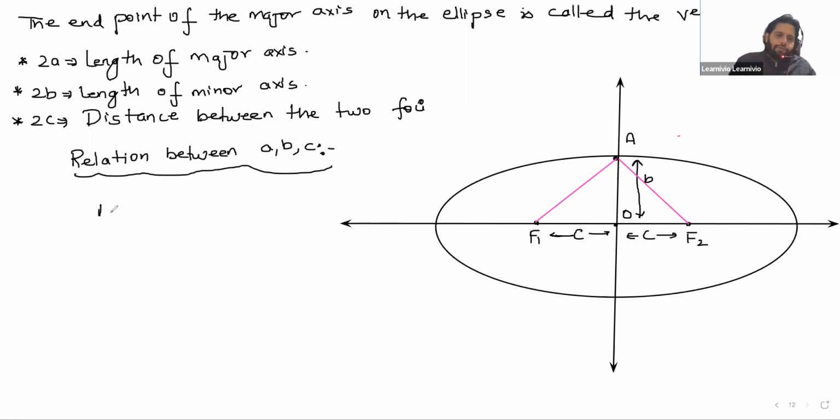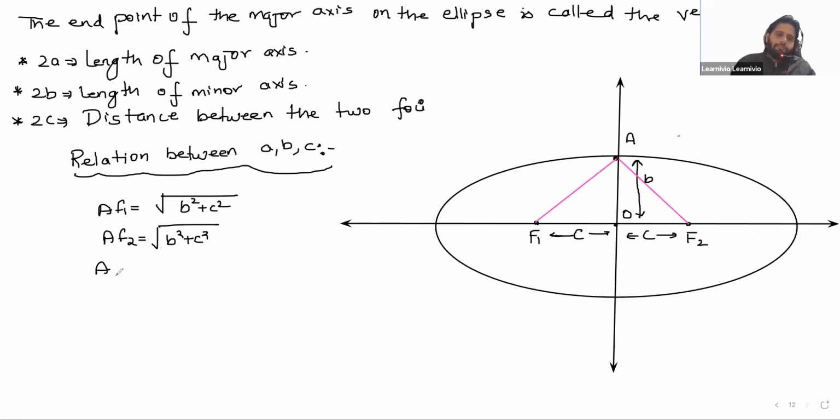Now AF1, can we say that AF1 is equal to under root of B squared plus C squared? Yes, sir. Okay, so there's a right angle triangle. Now similarly, can we say AF2 is equal to under root of again B squared plus C squared?